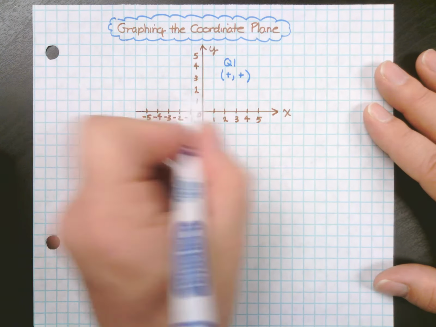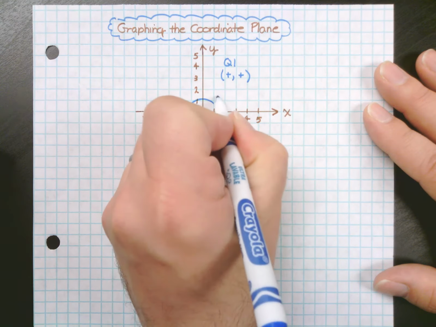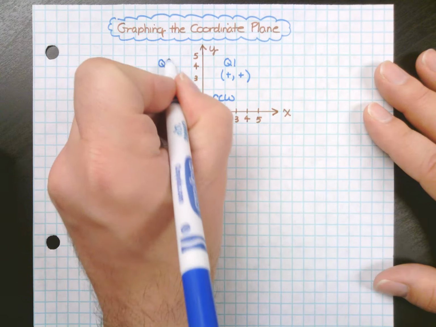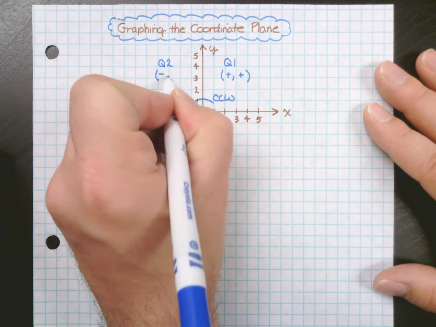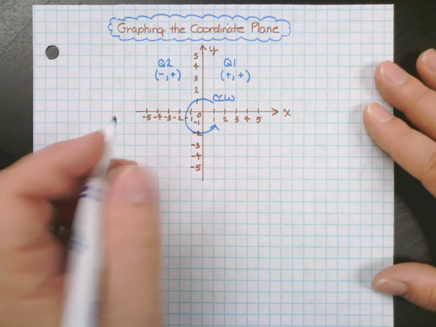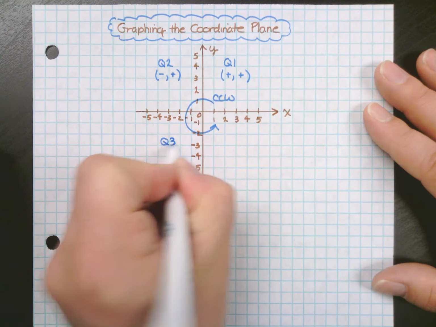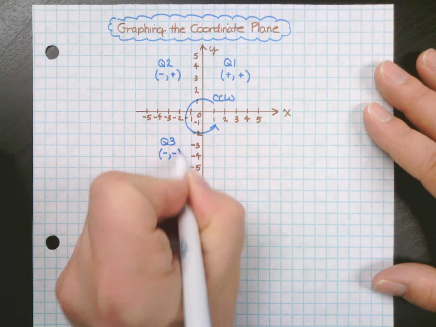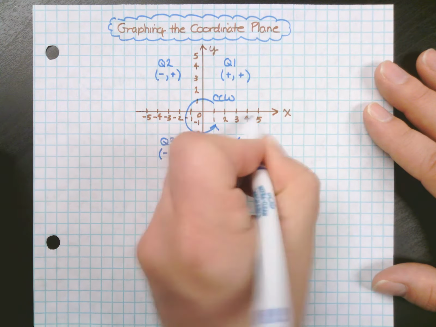Going counterclockwise, we go to quadrant 2, and we see that that's a negative x and a positive y ordered pair. Continuing, we have quadrant 3, and that's a negative and a negative ordered pair, and this is quadrant 4, which is a positive negative.